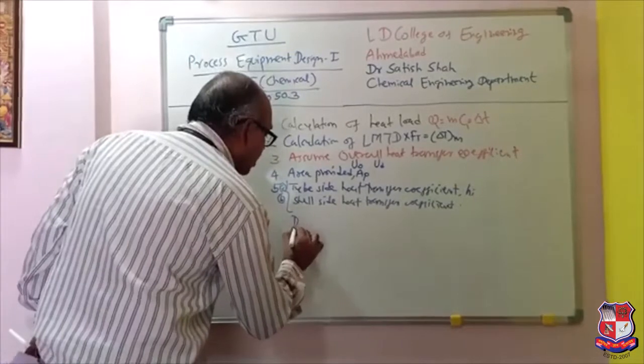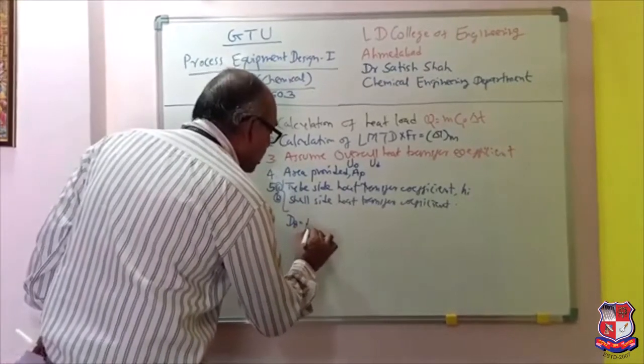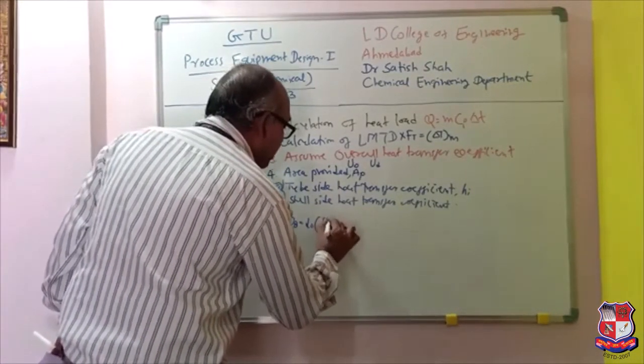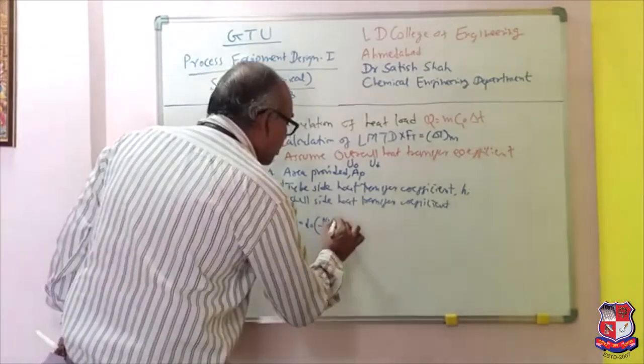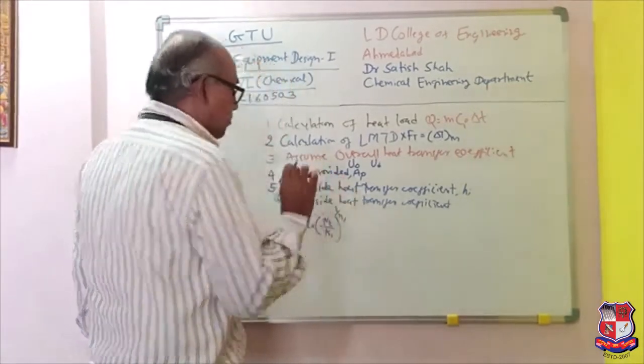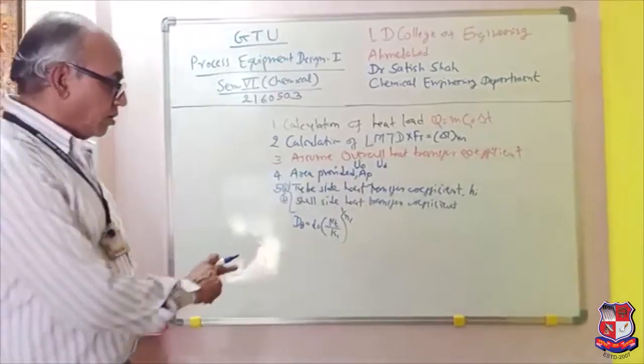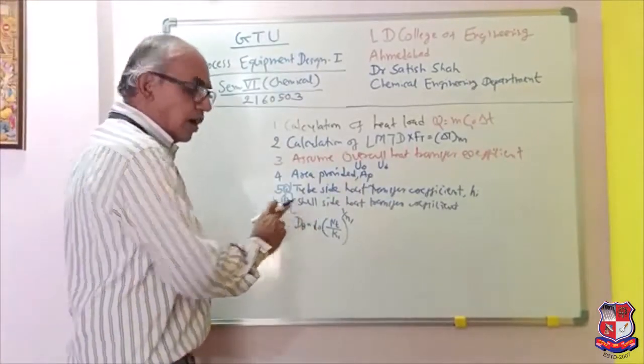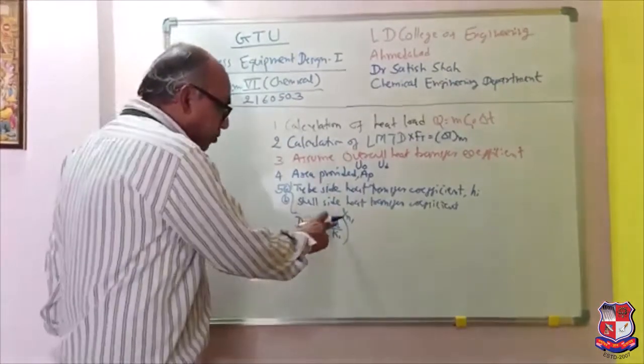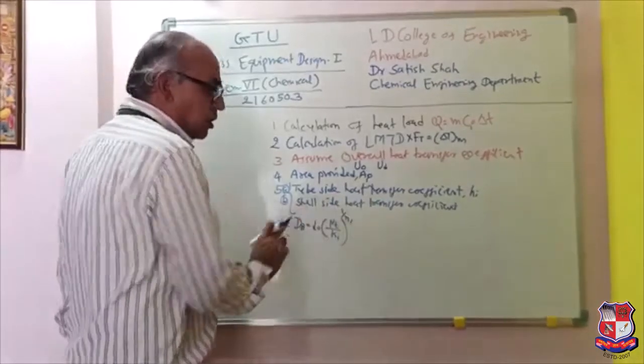Db is equal to Do into (Nt by K1) whole raised to 1 by n1. This is bundle diameter, Do is tube outer diameter, Nt is number of tubes, K1 and n1 are constants.